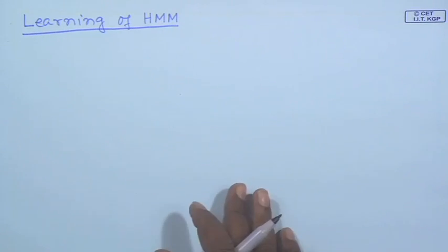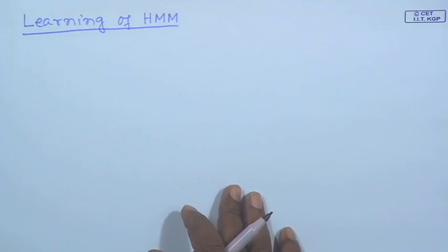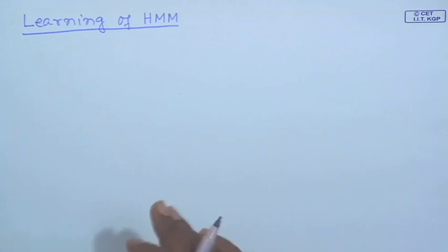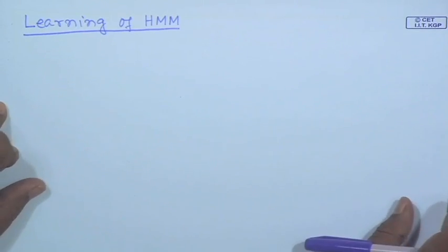Before learning, the hidden Markov model is coarsely specified. That is, I have a very coarse representation of the model: I know the number of hidden states, and I know the visible symbols which are generated by this model. These are the two quantities which are known.